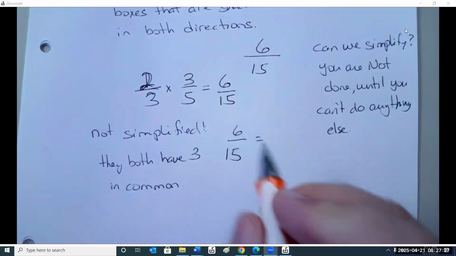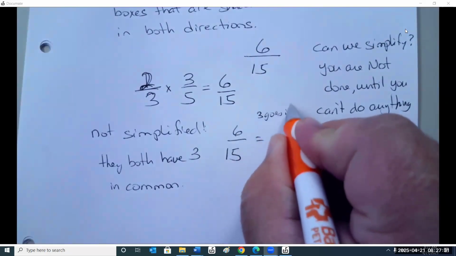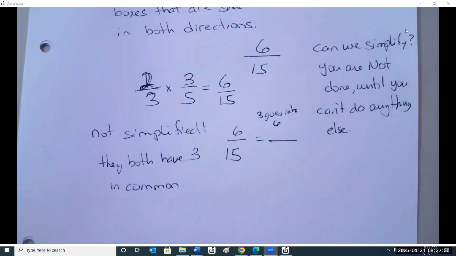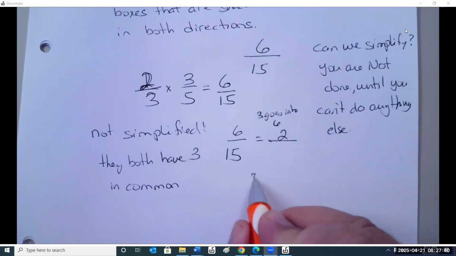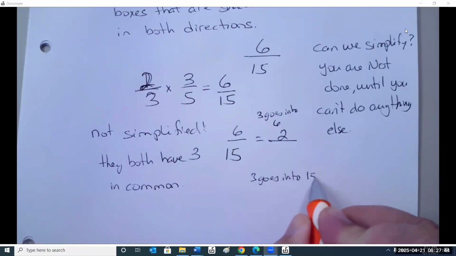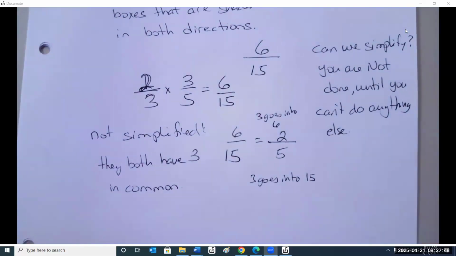So 3 goes into 6 how many times? Twice. And then 3 goes into 15 5 times. That is your answer.